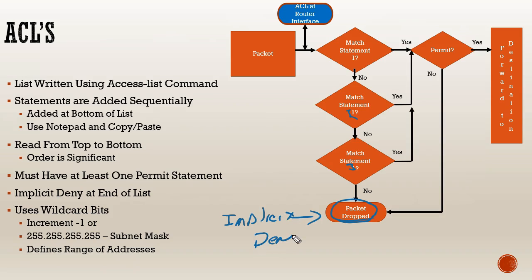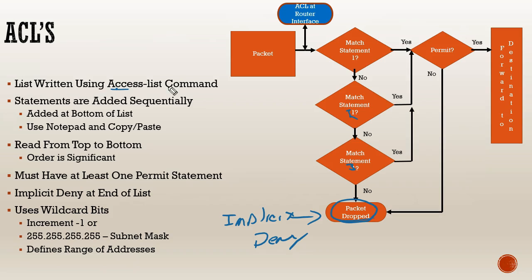If it matches something, is it a permit statement? If it's yes, then we will forward to whatever the destination is. Match a statement, yes, is a permit. If it's a no, we're going to go down here and we're going to drop that packet. So we can permit or deny.